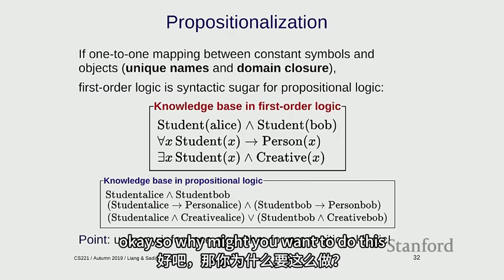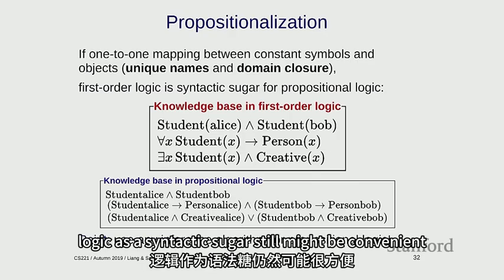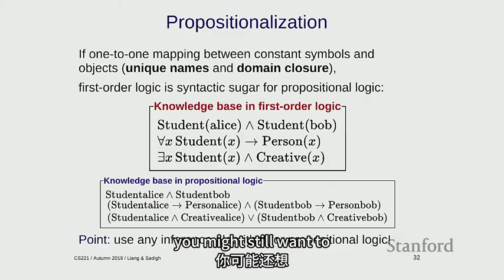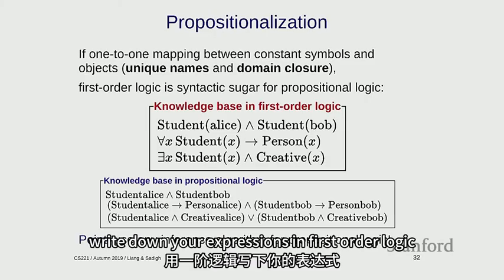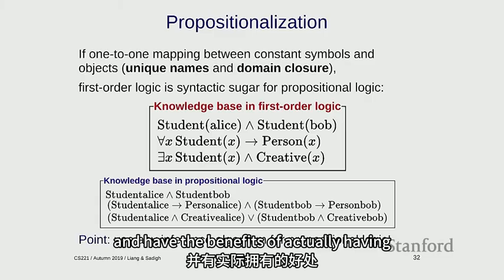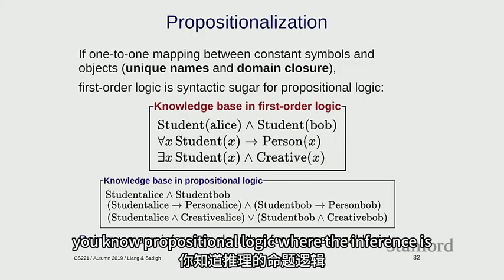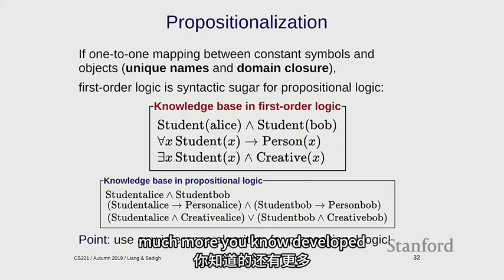Okay, so why might you want to do this? So first-order logic as a syntactic sugar still might be convenient. You might still want to write down your expressions in first-order logic and have the benefits of actually having propositional logic where the inference is in some sense much more developed.